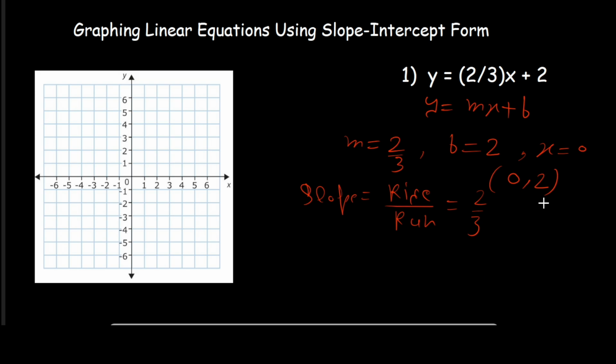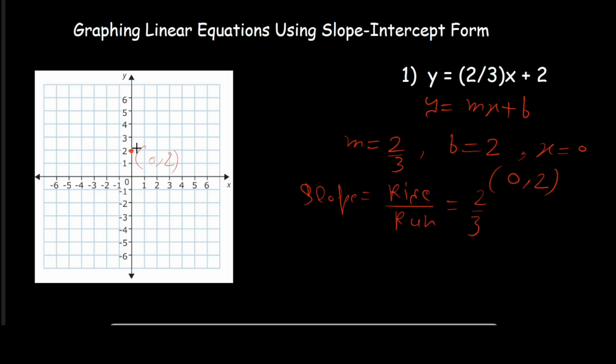Now we have y-intercept which is (0, 2). Let's plot this point in the graph. We have (0, 2), which means we move to this point 2. This is the point where the line intersects the y-axis, that is the y-intercept. And using our slope, I'm going to plot another point.